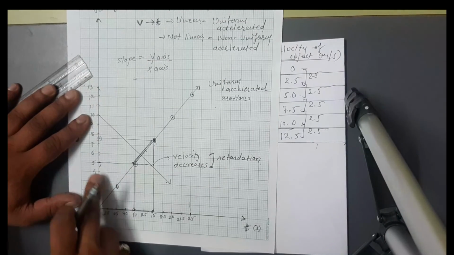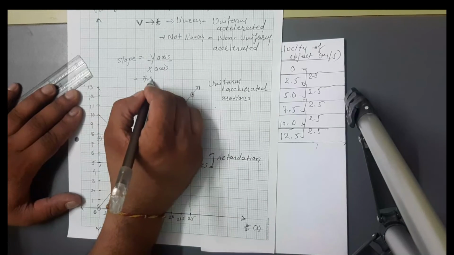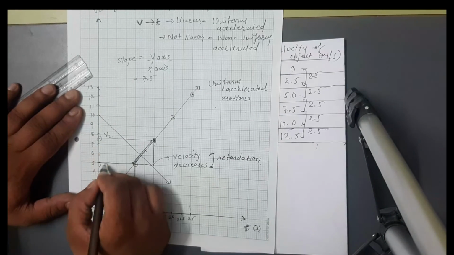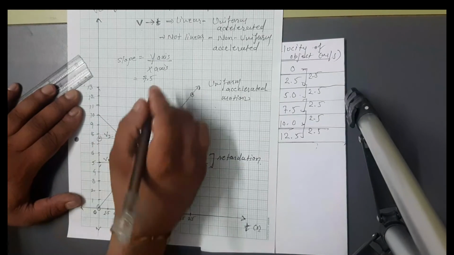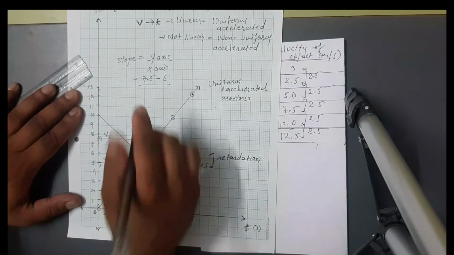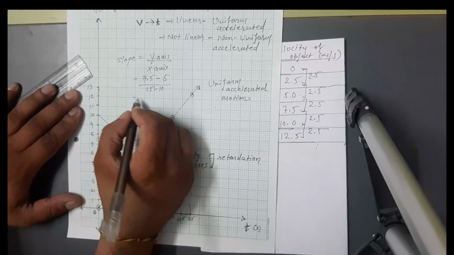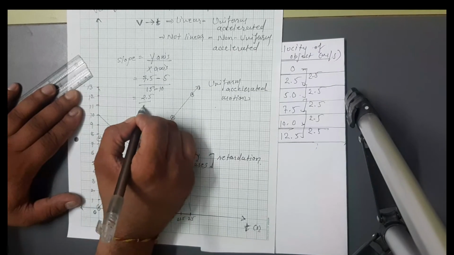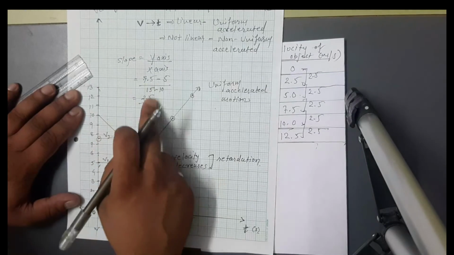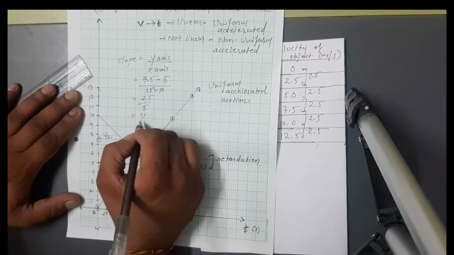On the y-axis we have velocity. Here we can see that it is 7.5, this will be our v2 and this is our v1. So 7.5 minus 5, and for that the time taken is 15 minus 10, so it will be 2.5 divided by 5, so it will be 1 by 2.